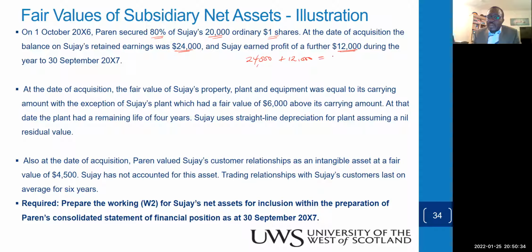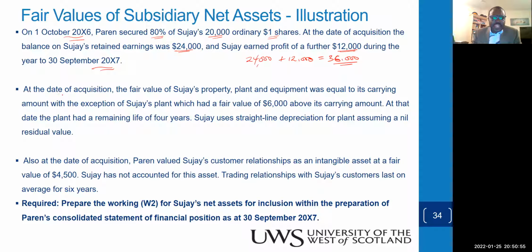So overall, on the reporting date, you would have seen this on the books of the subsidiary. It would have been what, 36. Okay, you'll see this there. During the year ended September. Okay, let me just check. From October 2016 to September is 1 year.